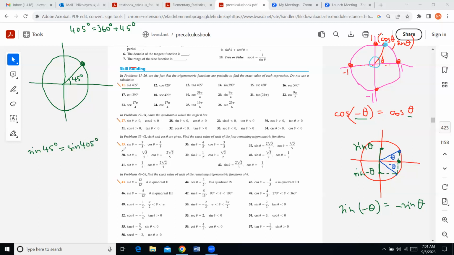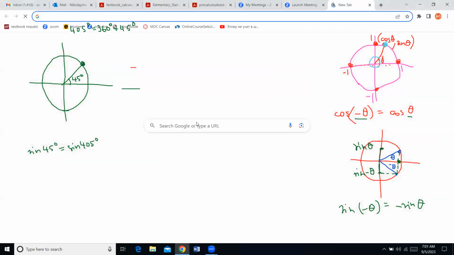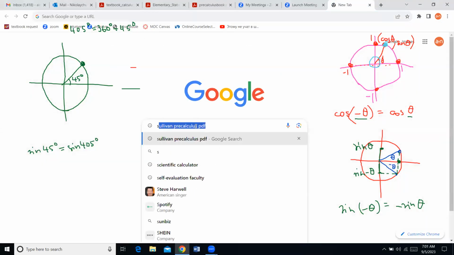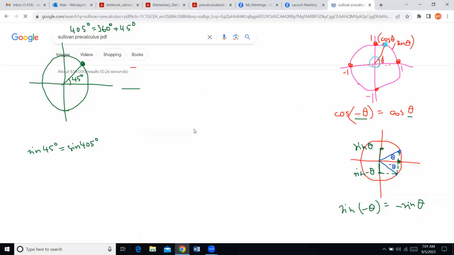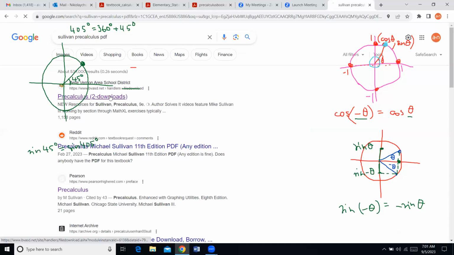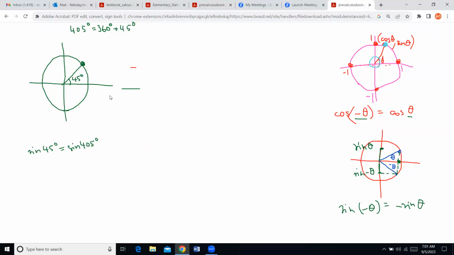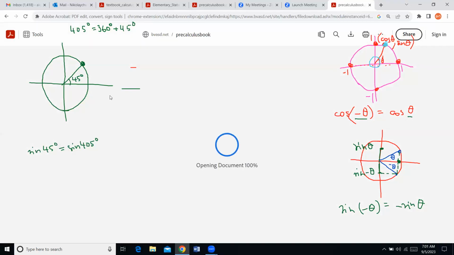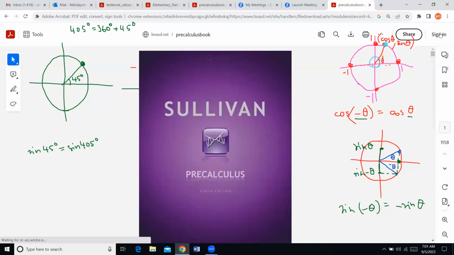If you remember how we found this, I want to get the textbook opened again. I'm going to search and type Sullivan pre-calculus. What I care about is the last page of this textbook, because there we have all of these little formulas.